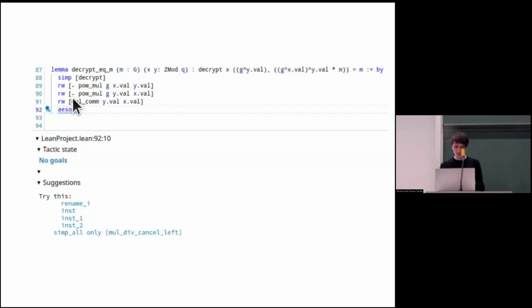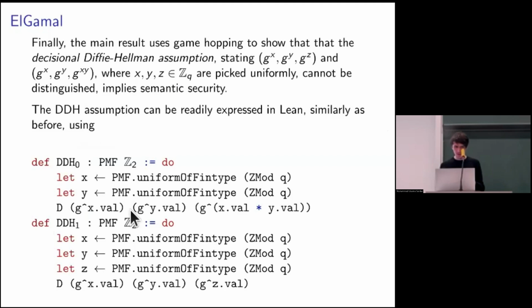in Lean very similar to before, so we can again, using the distribution theory, pick some random numbers and define what it means that a distinguisher distinguishes between the two with some probability up to some error epsilon, which we want to be very small in general.